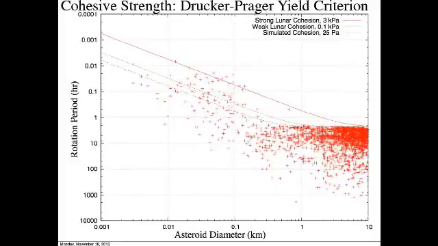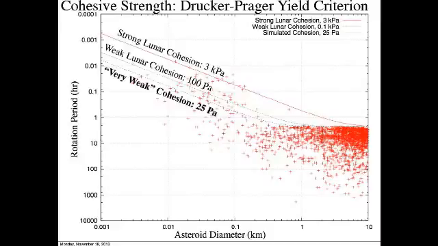And actually there's not strong evidence that regolith or rubble pile asteroids would have this much cohesion. But if we go down to our simulated cohesion of 25 pascals, what was reasonable based on our simulations, we find that we could still have many of the fast rotating asteroids actually be rubble piles still.